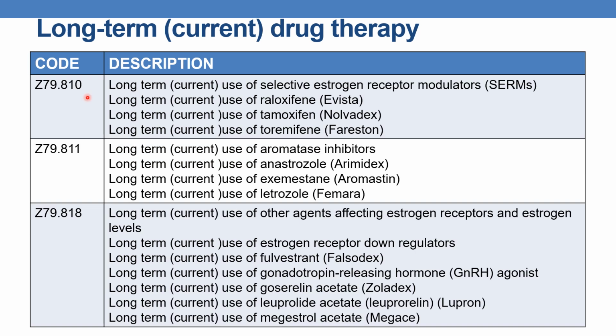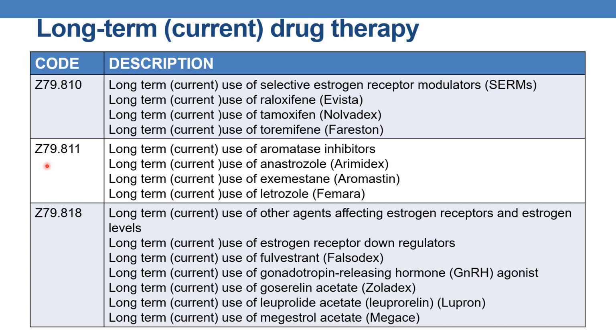The next code is Z79.810. These are old codes only. It deals with long-term current use of selective estrogen receptor modulators, SERMs, or long-term use of raloxifene, Evista, or long-term use of tamoxifen, Nolvadex, or long-term use of toremifene, Fareston. These are brand names.